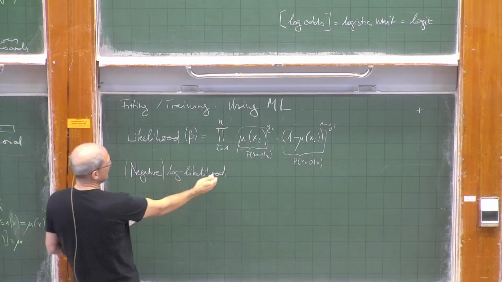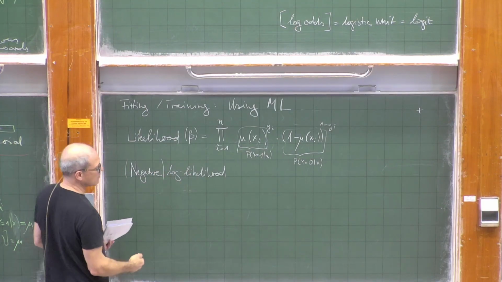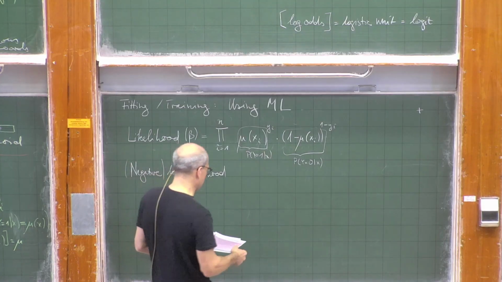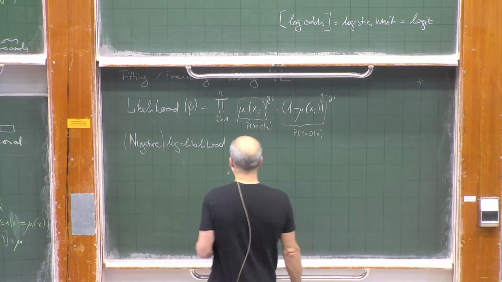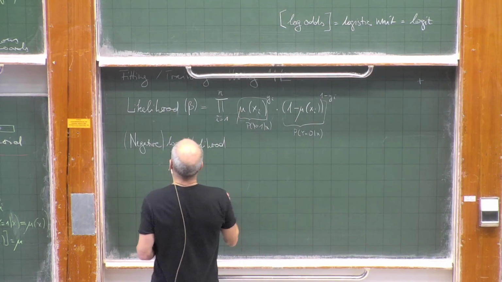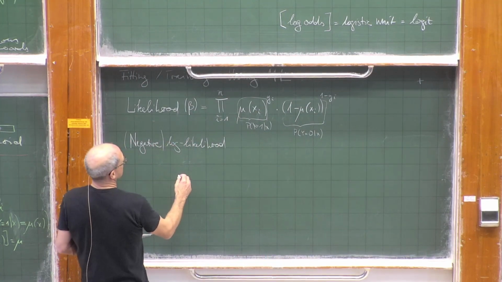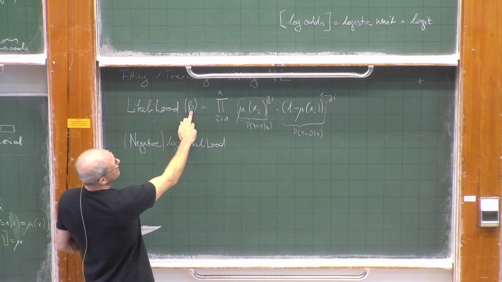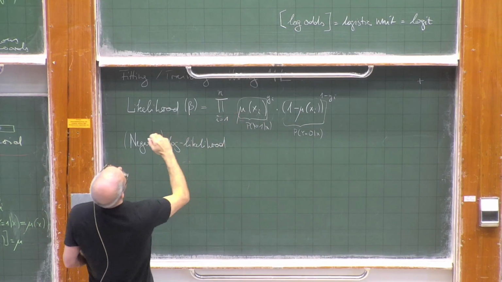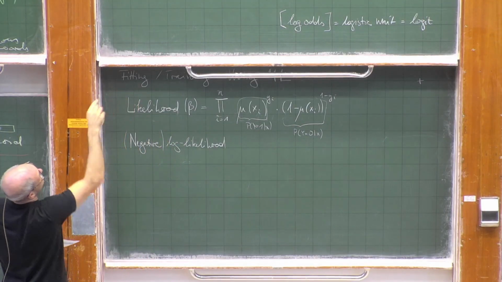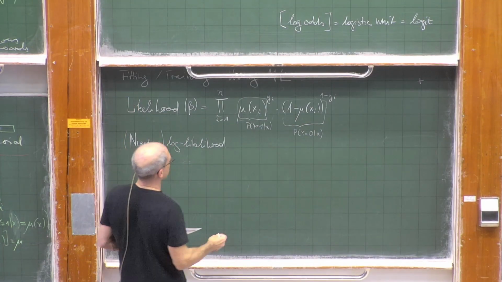So if people say log likelihood, they usually mean negative log likelihood, but they don't even say the negative because it's too many syllables. And so I wrote here beta, and the beta enters implicitly because for the mu, we are using the formula that you see on the top of the board here.